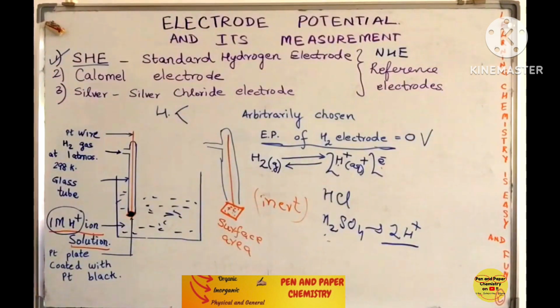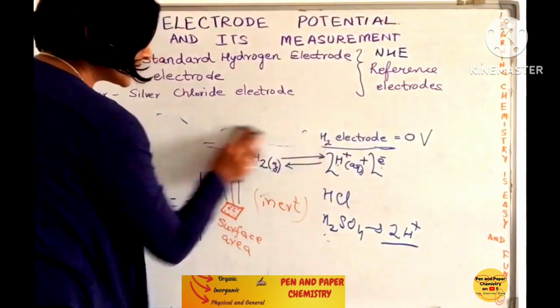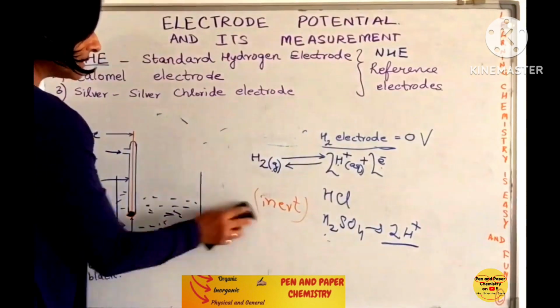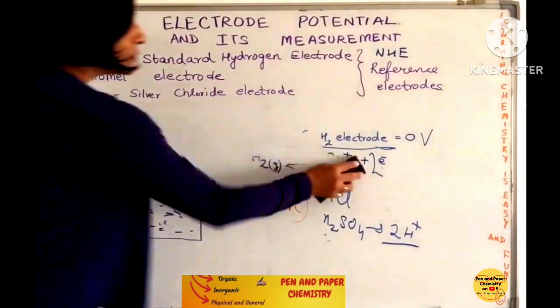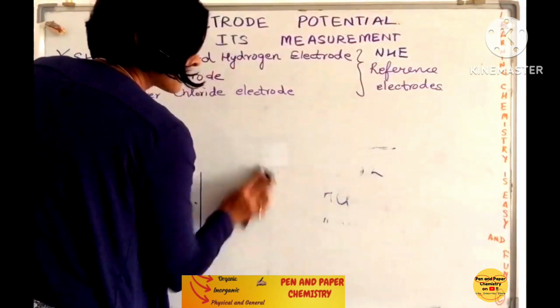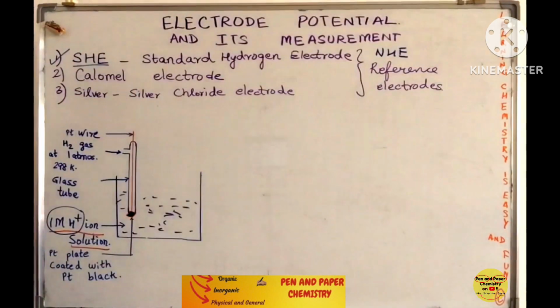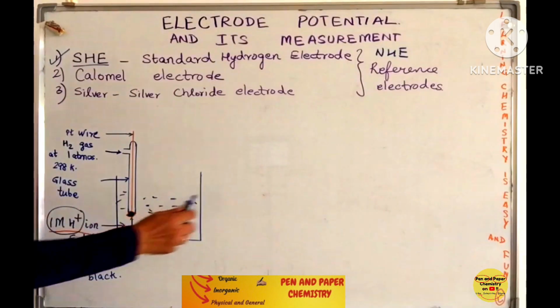Now, how is this standard hydrogen electrode used to measure the electrode potential of other metals? What we are going to do here is set up this particular cell in combination with the other electrode whose electrode potential I have to measure.